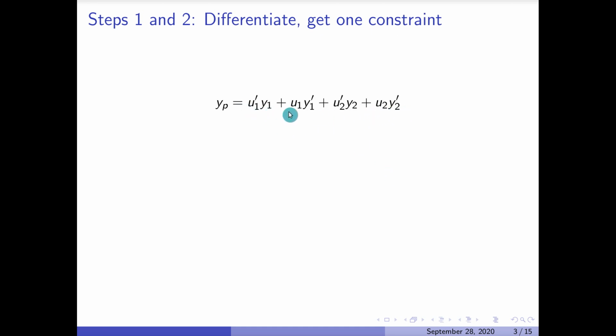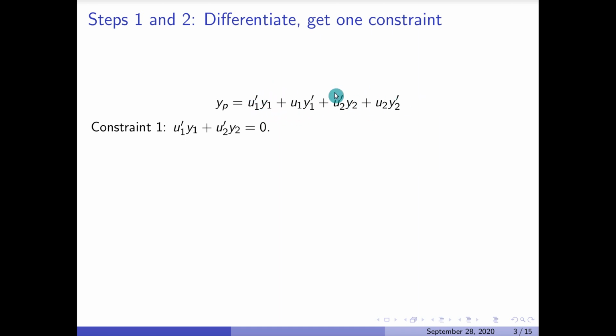I'm using the product rule here. These first two are the product rule for u1 y1. The second two are for u2 y2. Our assumption is going to be that this forms our first constraint, that u1 prime y1 plus u2 prime y2 is equal to 0. That simplifies this function.